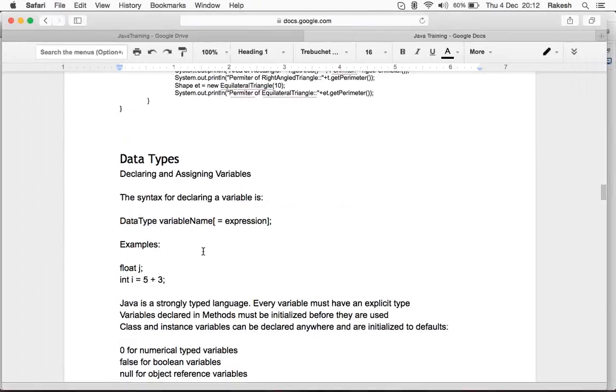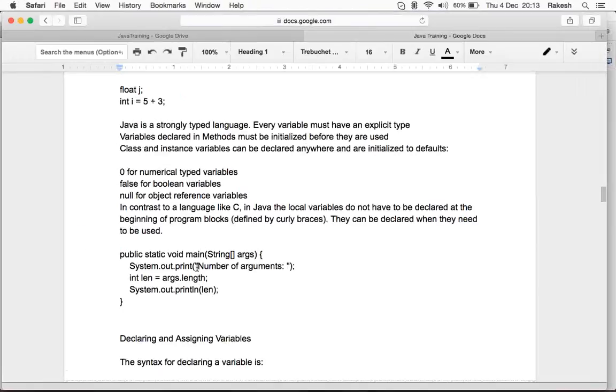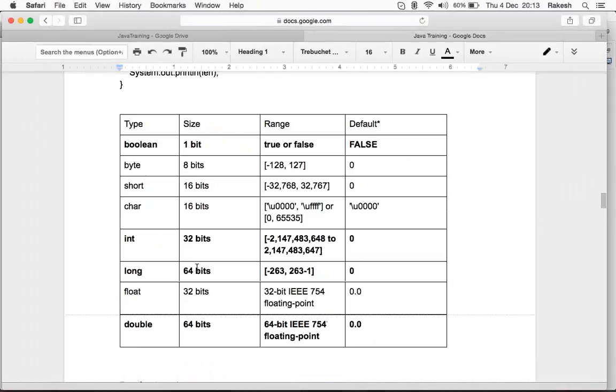Likewise, there are a few more data types. For example, if I want to represent a character, the data type to use is char. Here I have listed a couple of data types in this table, in the sequence in which they are ordered by size.